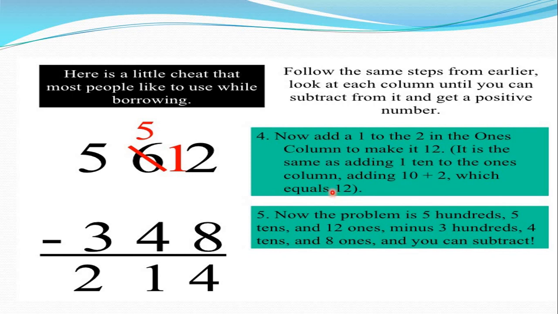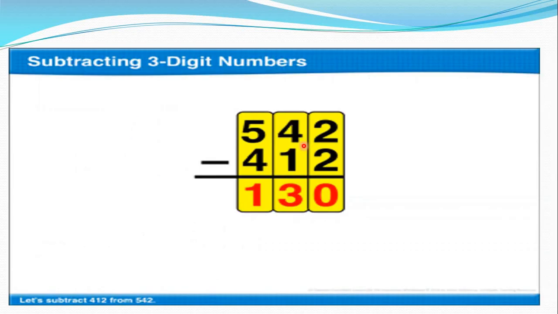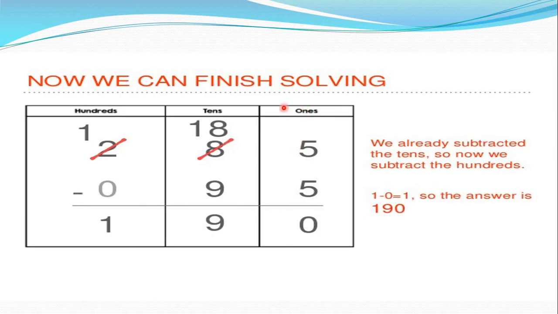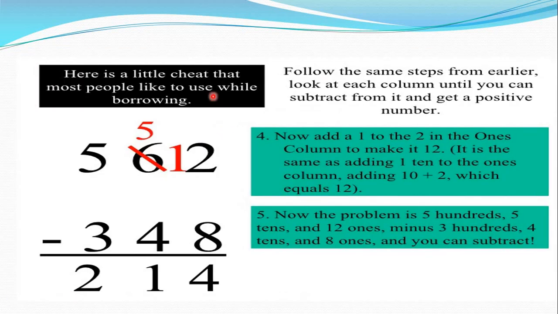Okay, students, what are they telling us here? See these columns: this is the ones column, tens column and hundreds column. So we make columns and write these sums. Now the problem is 5 hundreds, 5 tens and 12 ones, meaning 3 hundreds, 4 tens, 8 ones, and you again subtract.